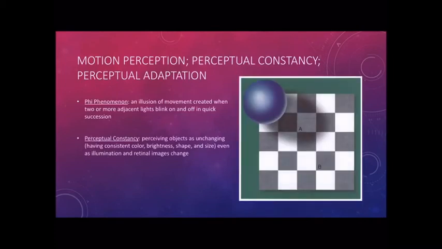Perceptual constancy. This is a cool one. This is perceiving objects as unchanging, having some constant or consistent color, brightness, shape, and size, even when the illumination and the retinal image does change. So you would probably say that this square is the same color as this square, even though the lighting is different.